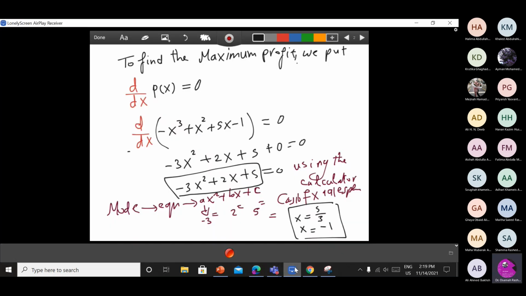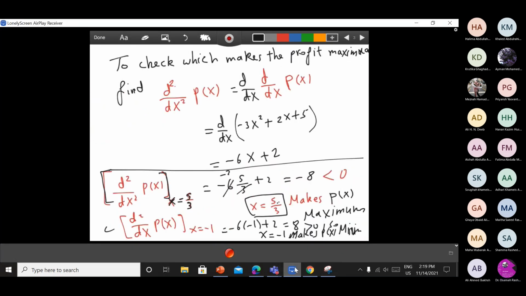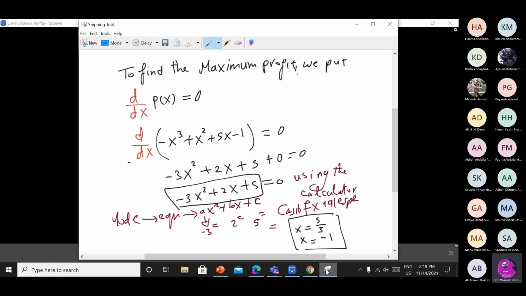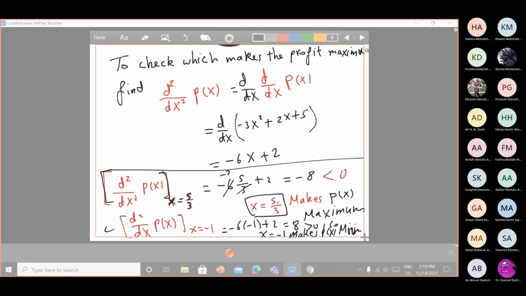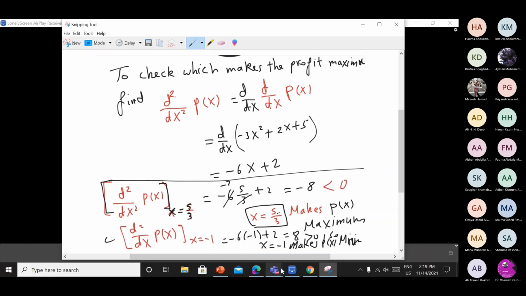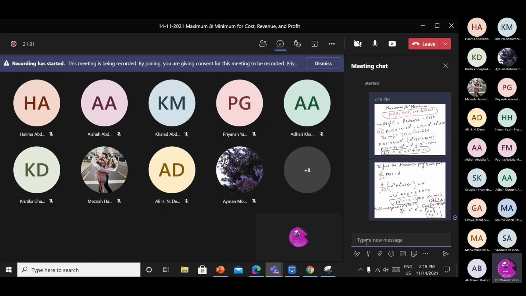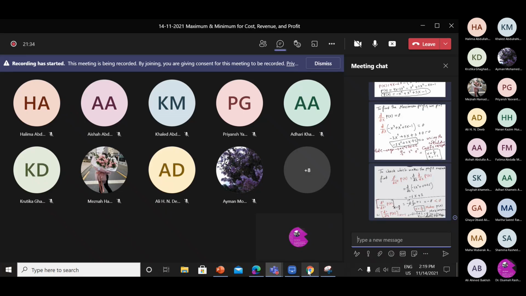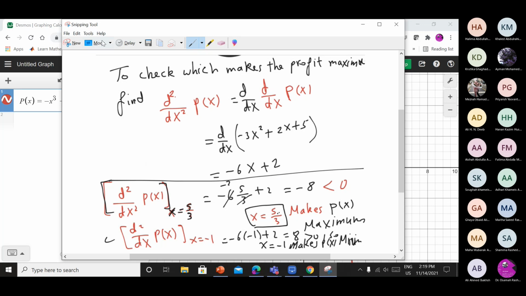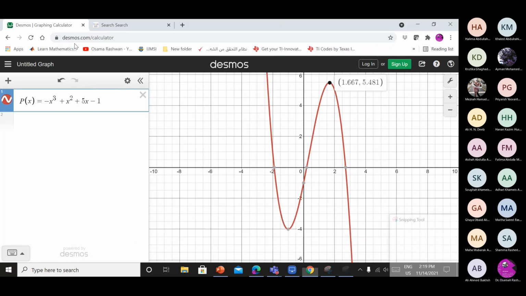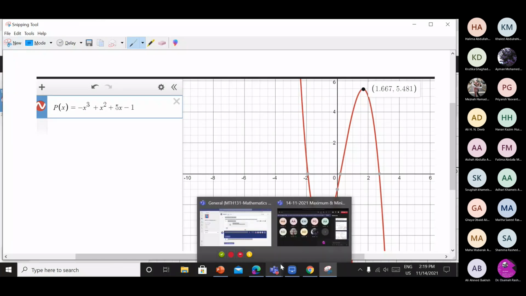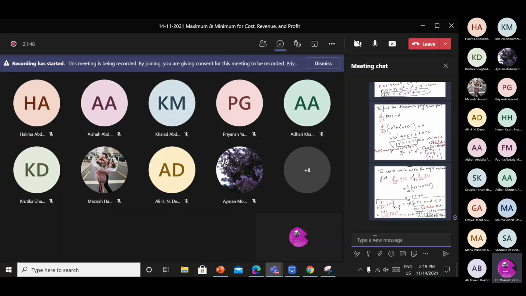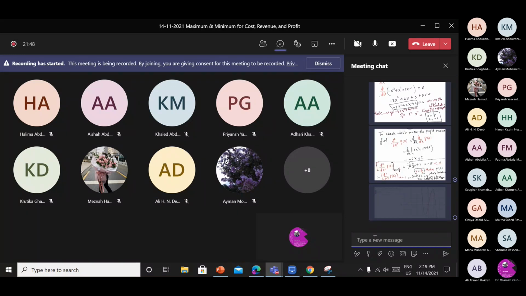So please try to practice. This graph is just to show you your function has a maximum at this value.